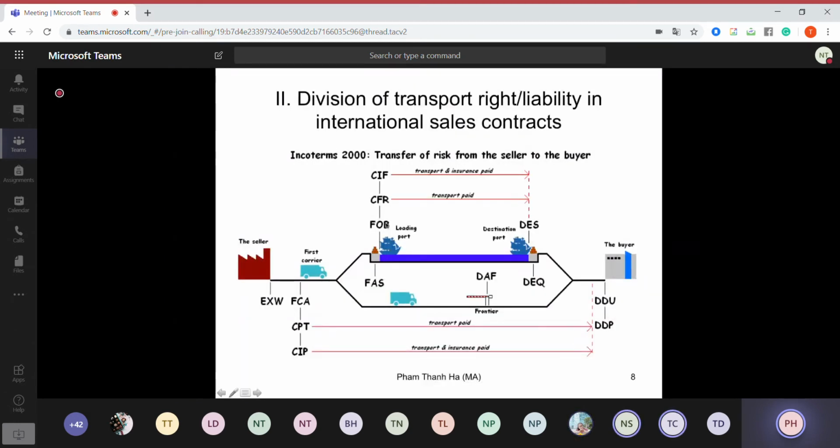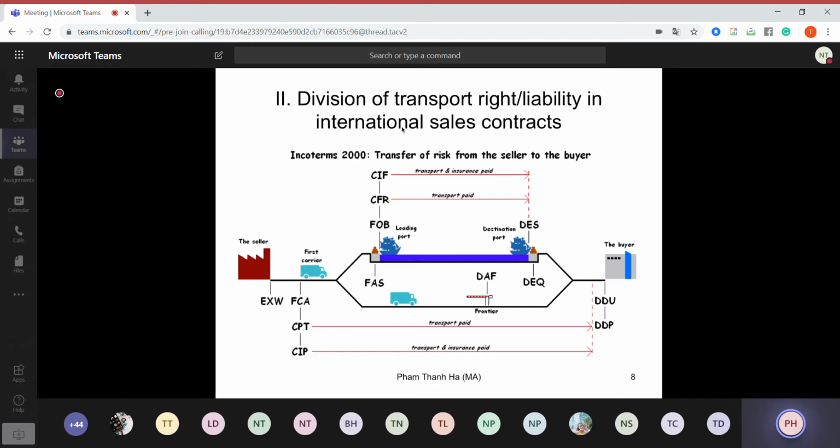For the FOB, the reason why I'd like to introduce it together with the CIF and CFR is, the first one, FOB, CFR and CIF are all traditional terms and conditions in the Incoterms in international trade. Why do I call them traditional?